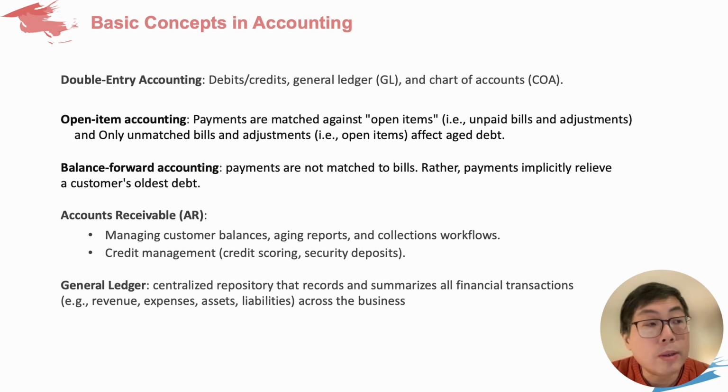Because once we have the financial transactions, for each of them you can categorize it. Say this is for billing, this is for energy, this is for insurance, and this is for charity. And when all the financial transactions are collected in the general ledger, we can actually understand what the financial impacts are.